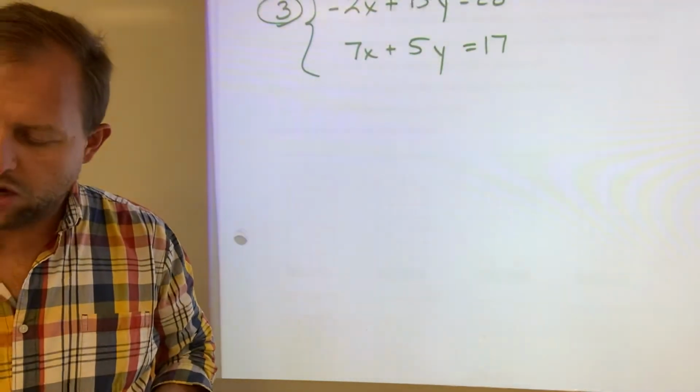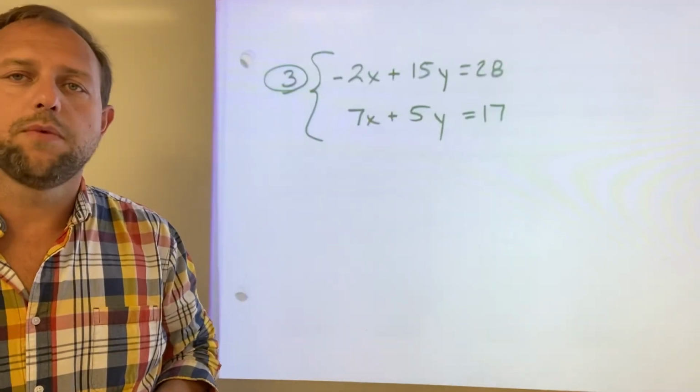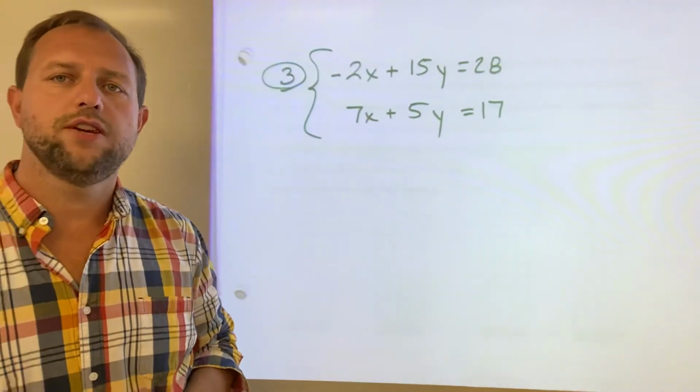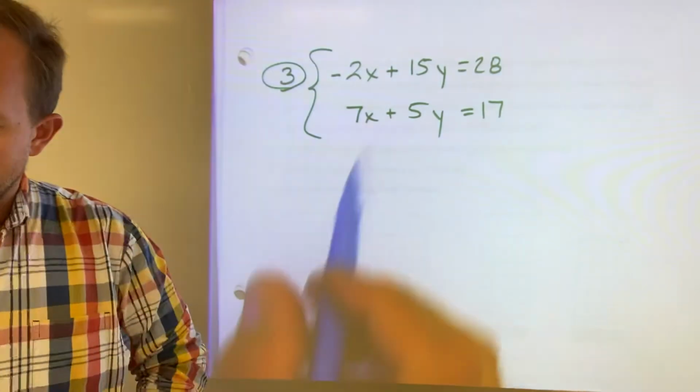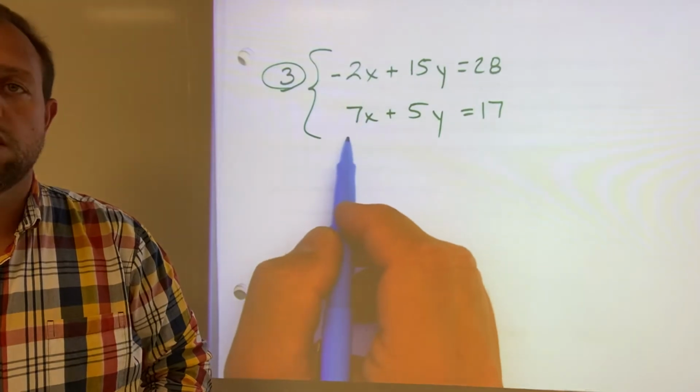In this case, we don't have a variable with the same coefficient. Okay, 15 and 5 doesn't work, 2 and 7 doesn't work.